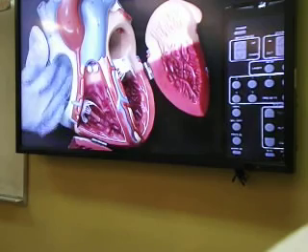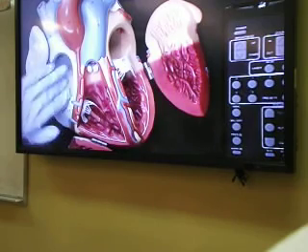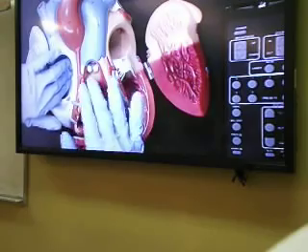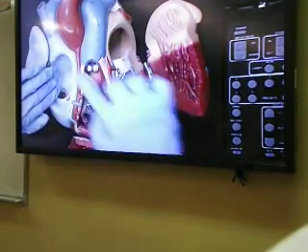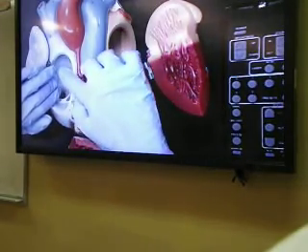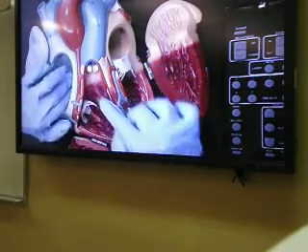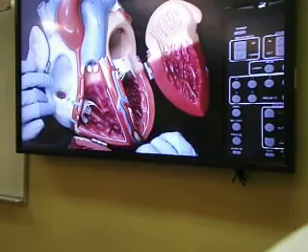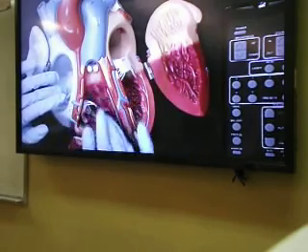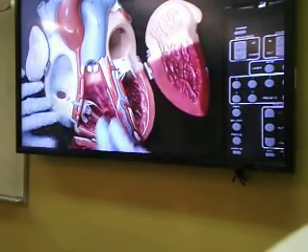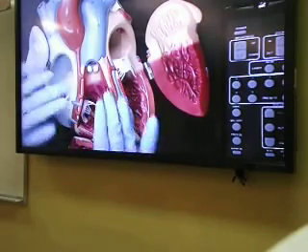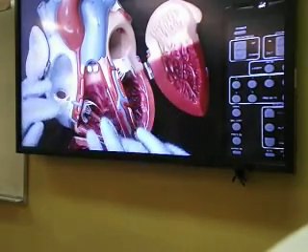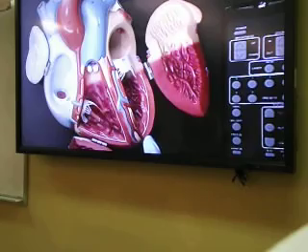And once the right atrium fills up, because it is directly above the ventricle, the blood just flows, following gravity, into the right ventricle without any problem. So the right ventricle starts to fill up. This phenomenon, when the ventricle is filling up, we call ventricular diastole.